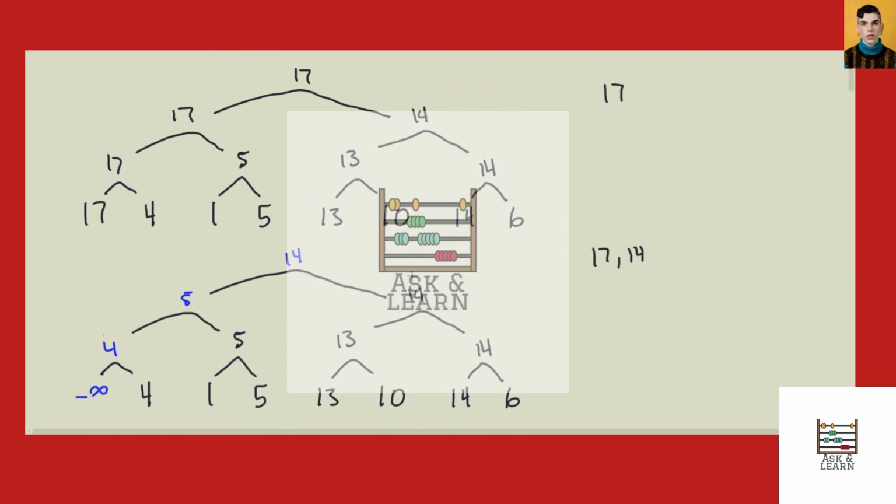So let's walk through what we did again. We first ordered them, and then we paired each of these up and had them do a little tournament-style fight where the largest one goes on. So 17 went on, 5 went on, 13 went on, and then 14.